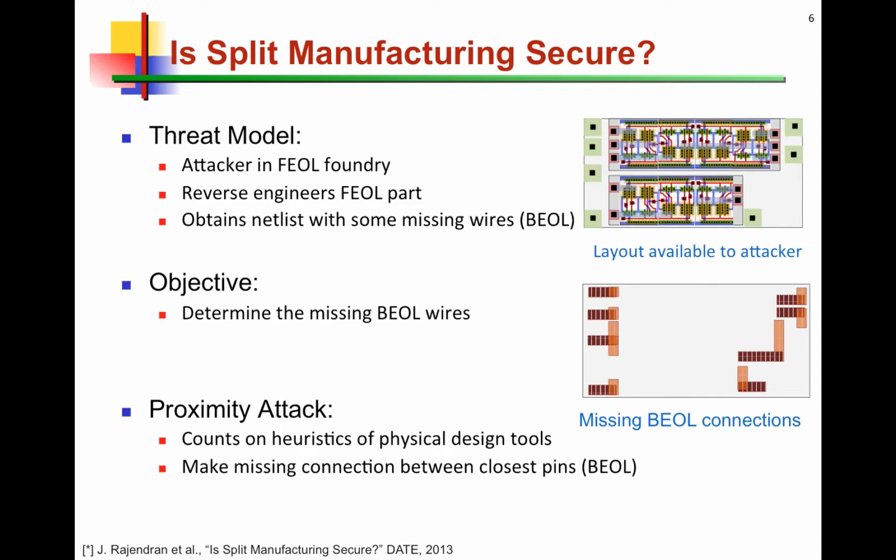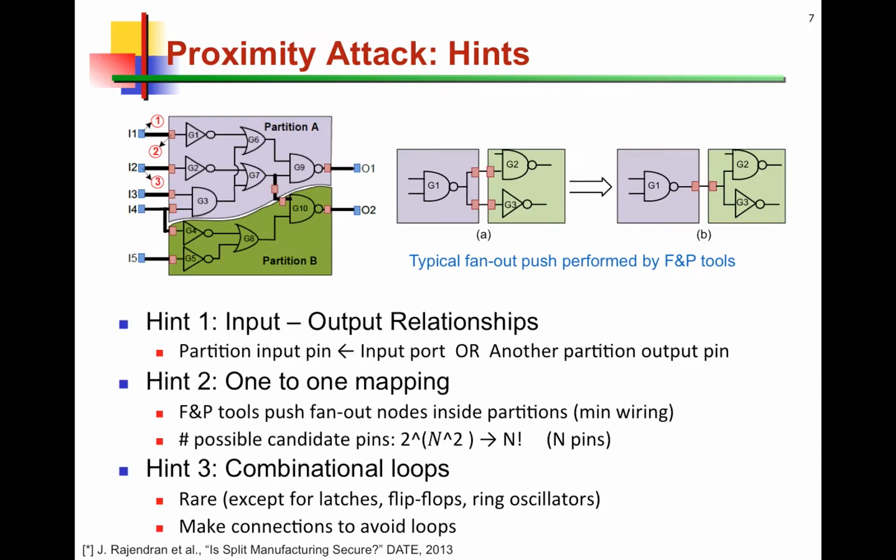This relies on the assumption that the physical design tools place components that are to be connected at the BEOL layer as close to each other as possible. So if you make the missing connections between closest pins, that is highly likely to be the correct connections. So it's a very simple attack. You just connect the closest pins together, and you hope that those are the right connections to make. So that's how proximity attack works.